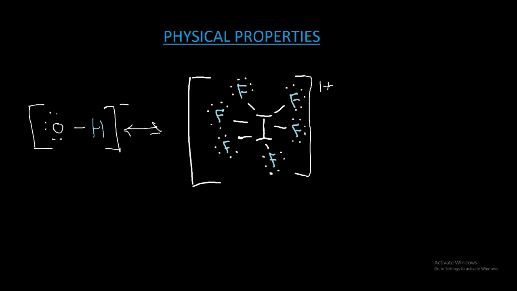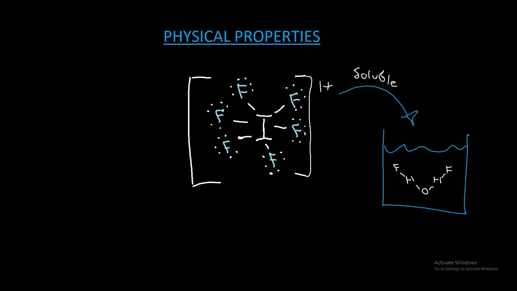Now, one physical property that IF6 1+ will have is quite a high boiling point, actually a very high boiling point, because it's a very polar molecule. This is because the electronegativity difference between the F and the I, the fluorine and the iodine, is so high, and it's above average, and as a result, when bonded with other molecules, it'll take a lot of heat in order to break those intermolecular forces.